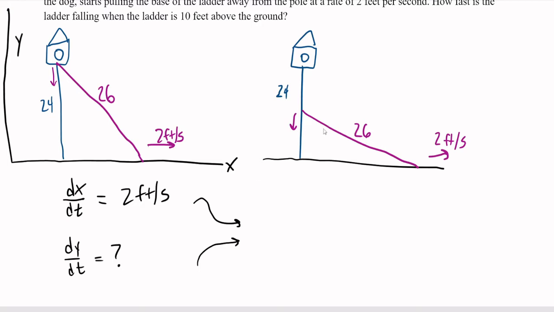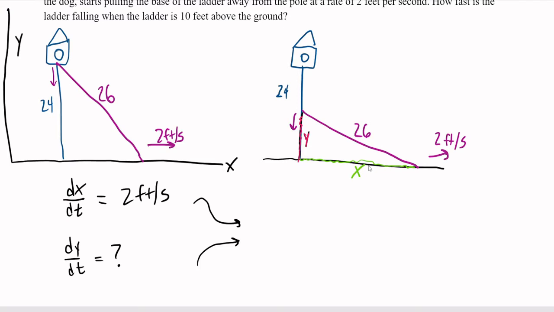And maybe it'd be easier to talk about this. Right now, here is the y, and let me do this in a slightly separate color. This is the y, and then at this specific instance, this full distance is the x.